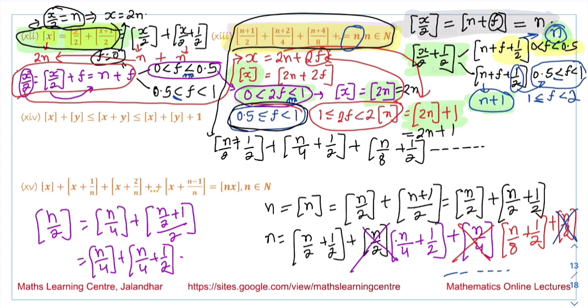Next we have this property: the greatest integer of x plus y is less than or equal to the greatest integer of x plus the greatest integer of y plus 1. If x and y are integers, then we know that the greatest integer of x plus y is equal to the greatest integer of x plus the greatest integer of y.